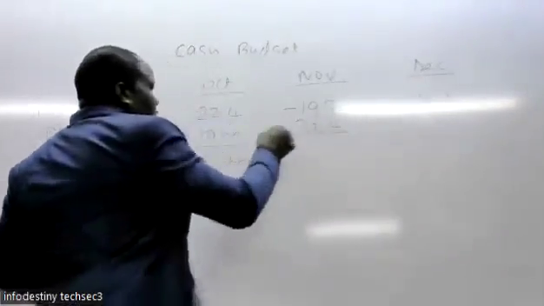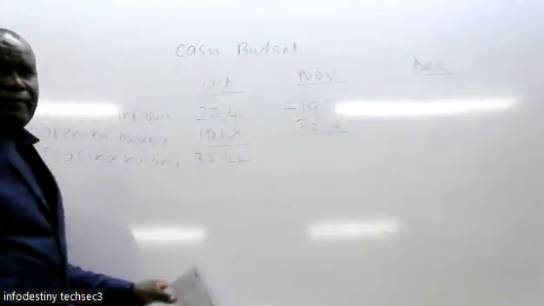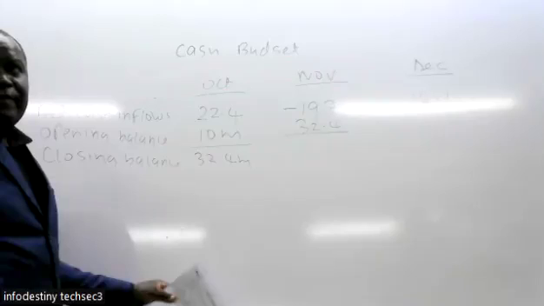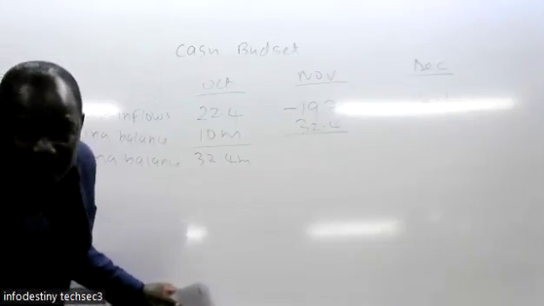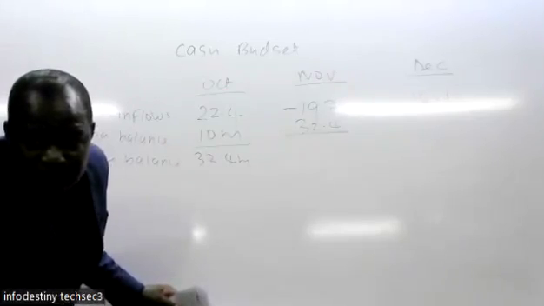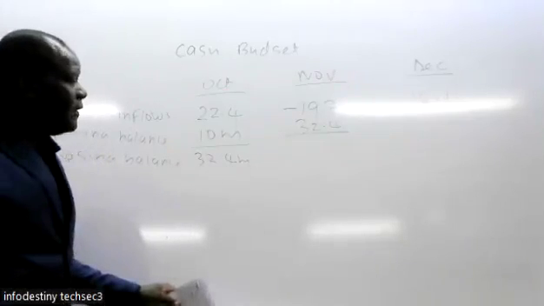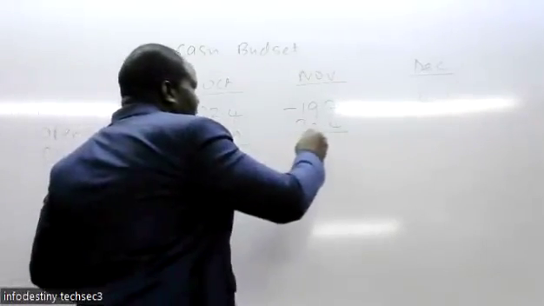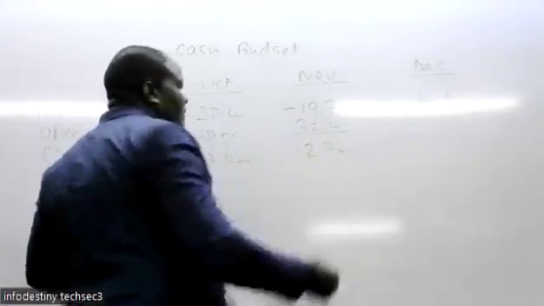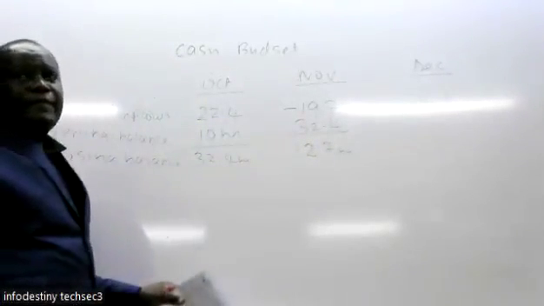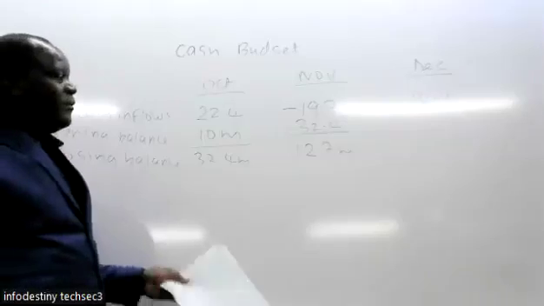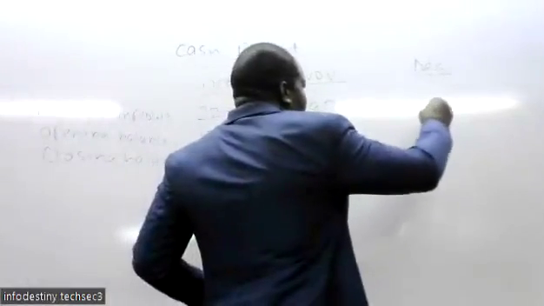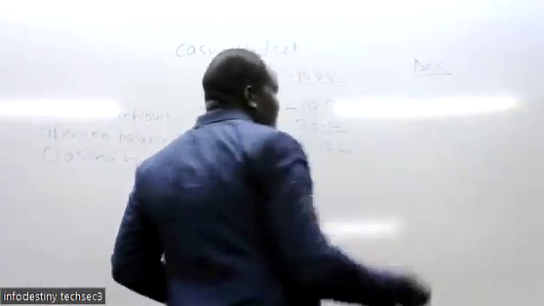So we get the total. This will be 12.7. Is it 12.7? So also this closing balance for November will be the opening for December, like that.